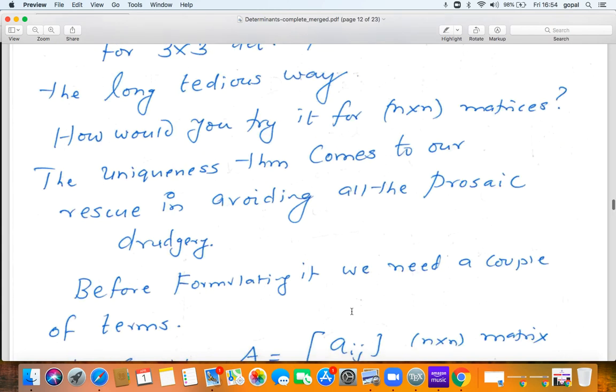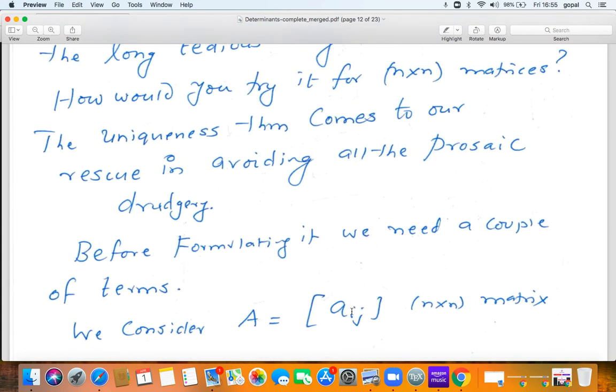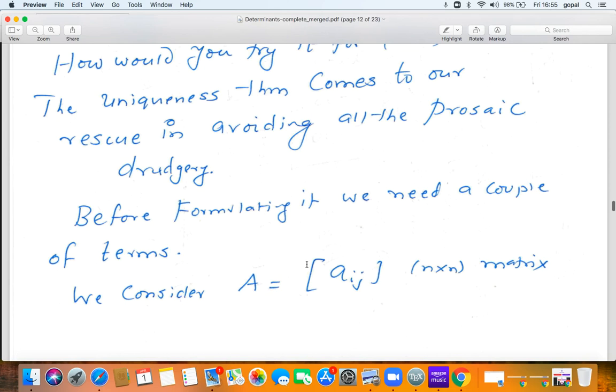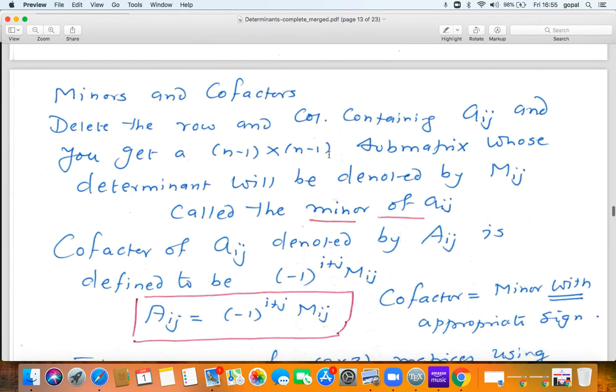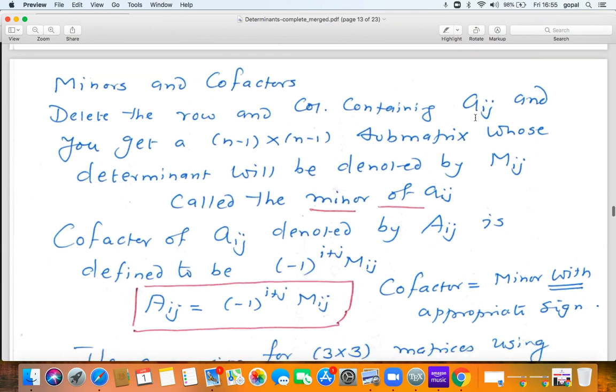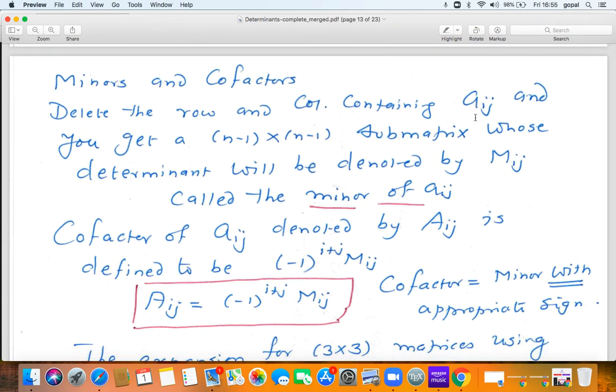And so let us give these things a name: minors and cofactors. So again, we are going to start with an n cross n matrix aij. Delete the row and column containing aij. You get an (n-1) times (n-1) submatrix. You take the determinant of that submatrix, and whatever you get, call it Mij.